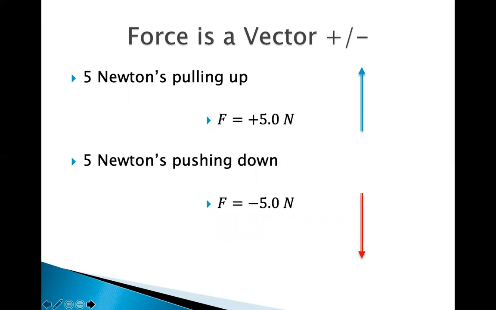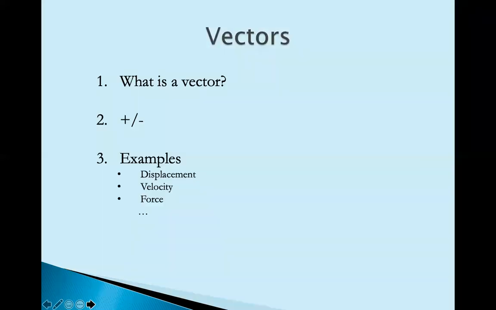So you see force can be positive, negative. Again, this has nothing to do with attitude, nothing to do with positive energy or positive anything. Remember, positive or negative signs in physics represent what? Direction.